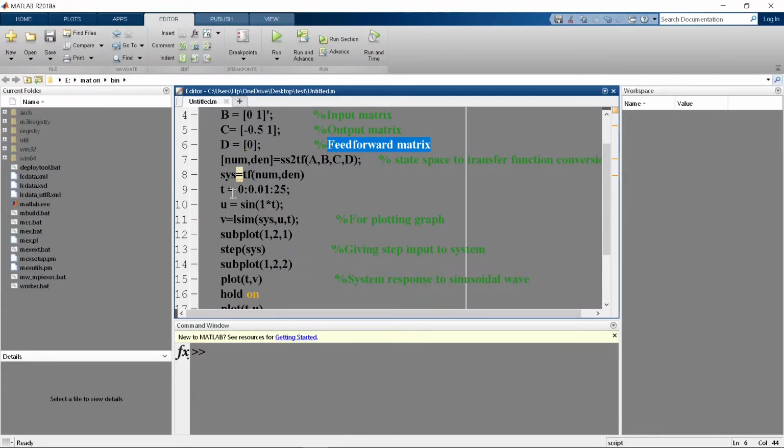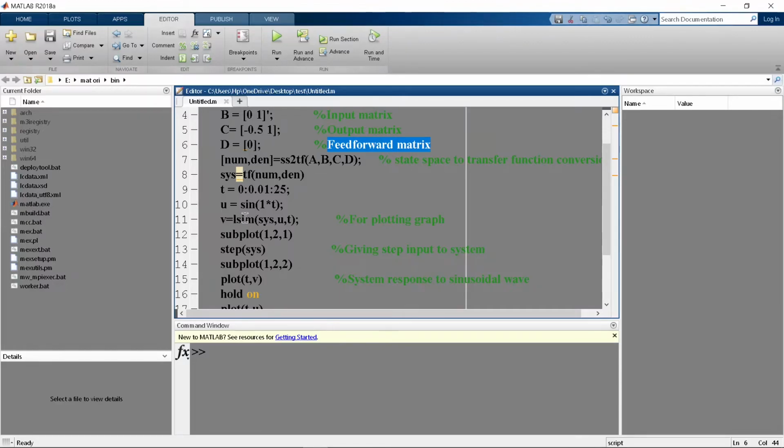Then we have taken t from 0 to 25 seconds with an increment of 0.01 second. We have taken a variable u. U contains a sine wave where omega is 1. Here the form is like sine omega t, and omega is 1 and t is the time which is previously defined in this variable.